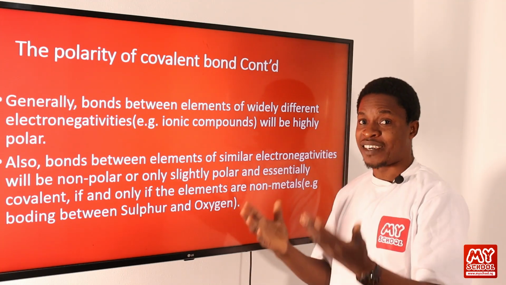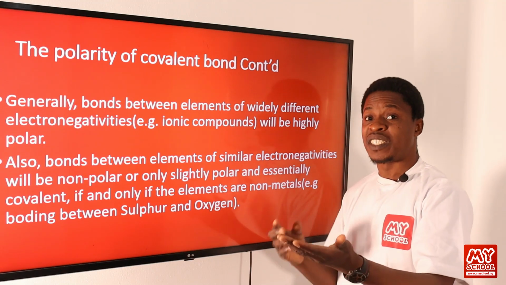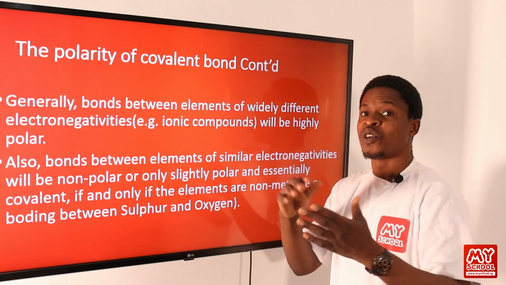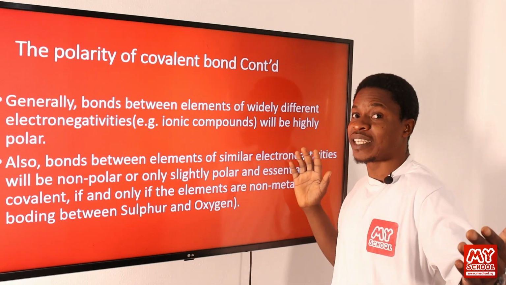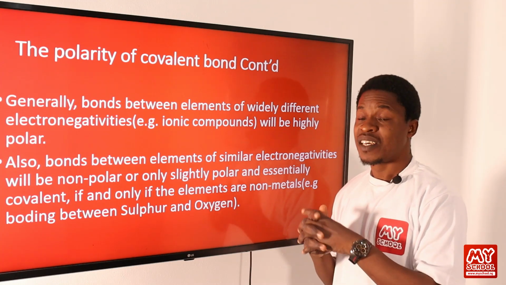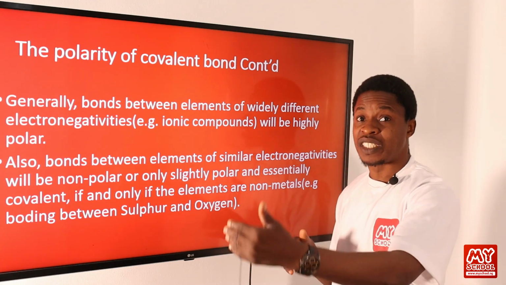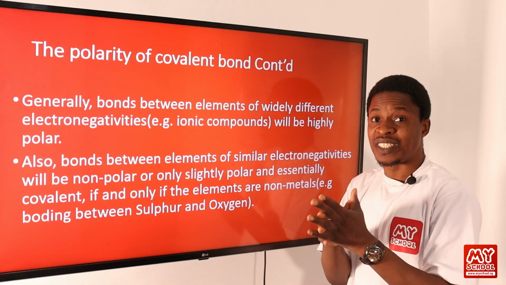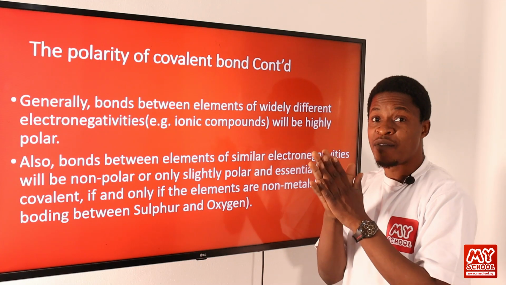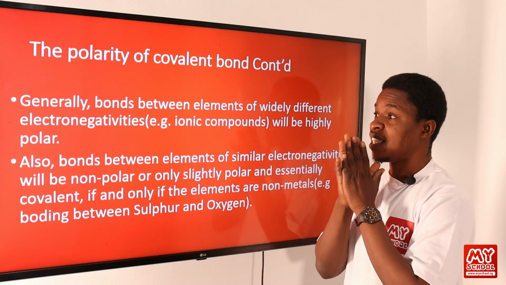You agree with me that the electronegativity of metals compared to non-metals is widely far apart. The non-metals are highly electronegative elements, while the metals are highly electropositive, with low electronegativity values compared to non-metals.